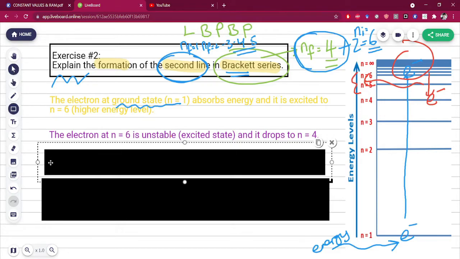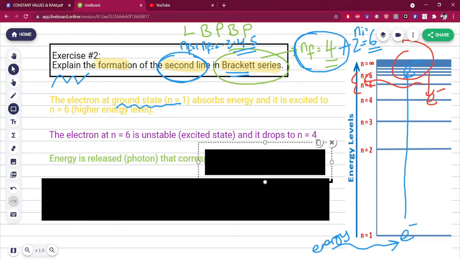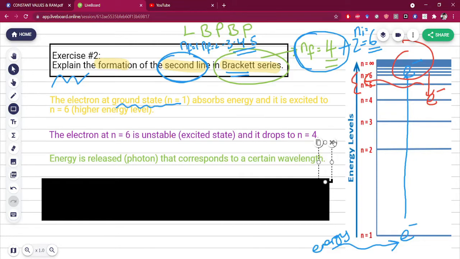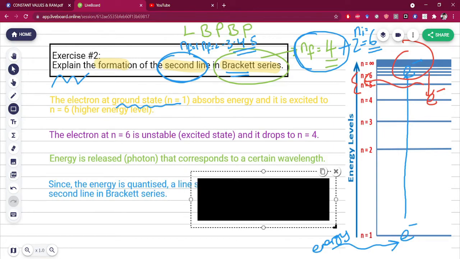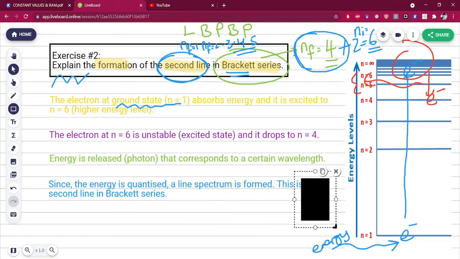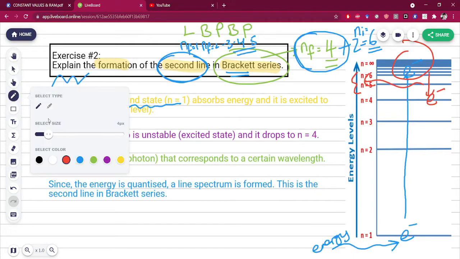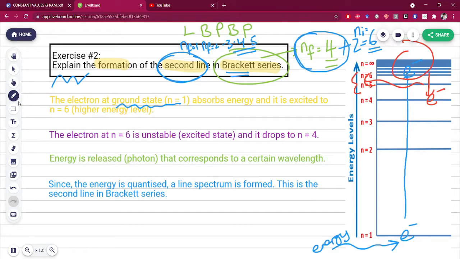And then the third point that you need to write is the energy is released in the form of photon, that corresponds to a certain wavelength. The green bits over here are exactly the same as what we wrote just now in exercise number 1. And finally, since the energy is quantized, a line spectrum is formed. This is the second line in the Brackett series. So you need to add this bit.